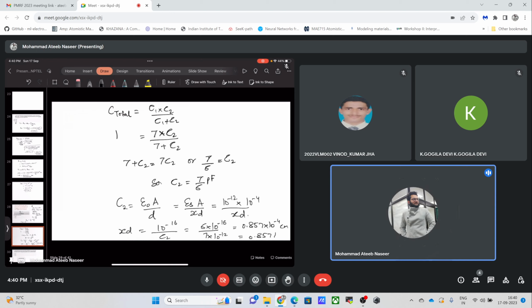So it is simply 0.857 micrometer. Basically we have found out the depletion width just by looking into the CV characteristic of this MOSFET.